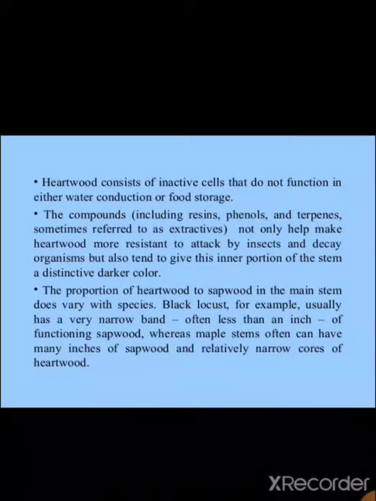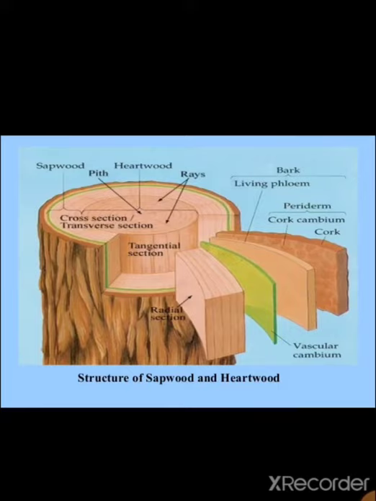In this cross section of a stem, the structure of sapwood and heartwood is easily understandable. In the radial sections, as we see, vascular cambium, phloem, cork cambium, and cork.